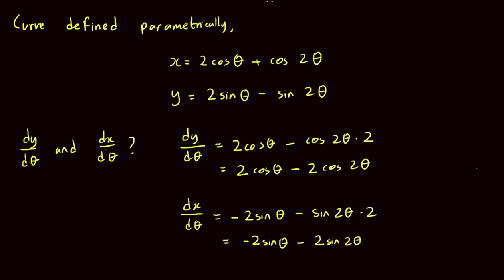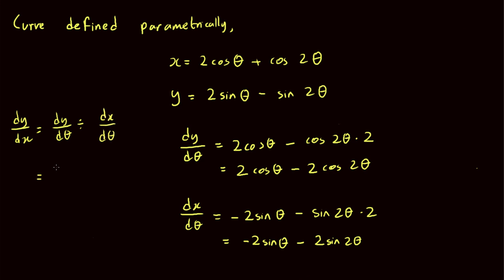Okay, so the next step to solve this problem is obviously to use the chain rule to find dy dx. So dy dx is just dy over d theta divided by dx over d theta.